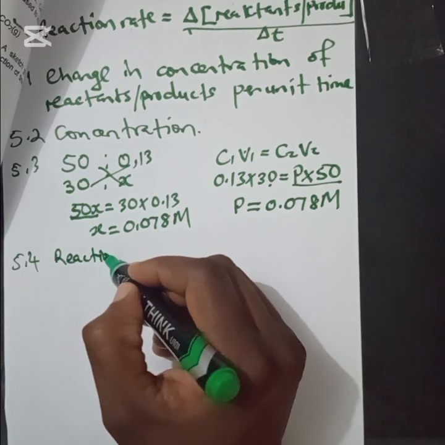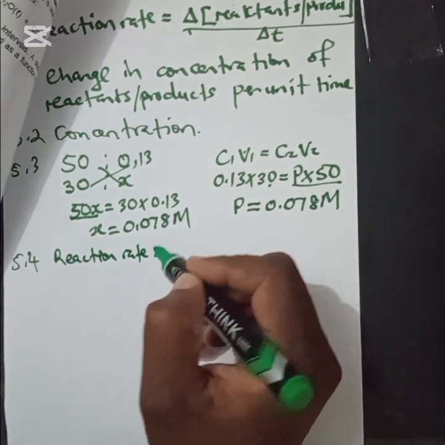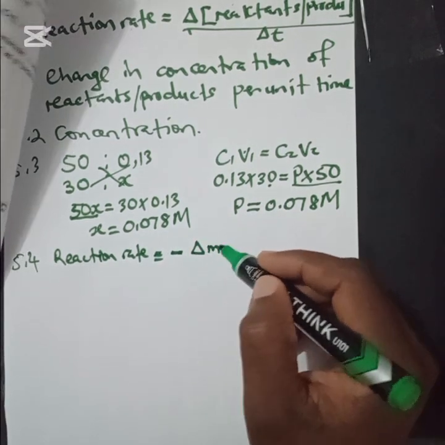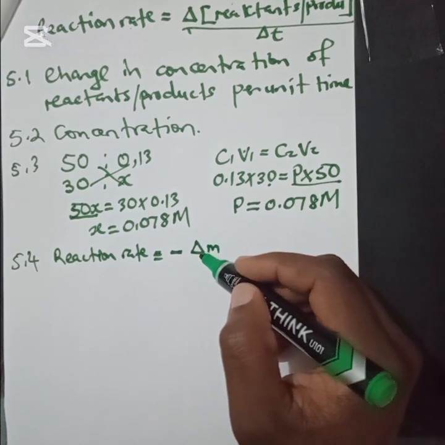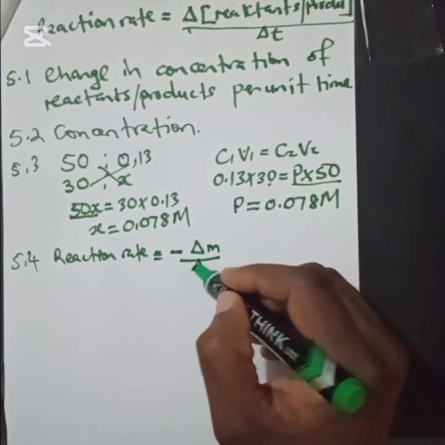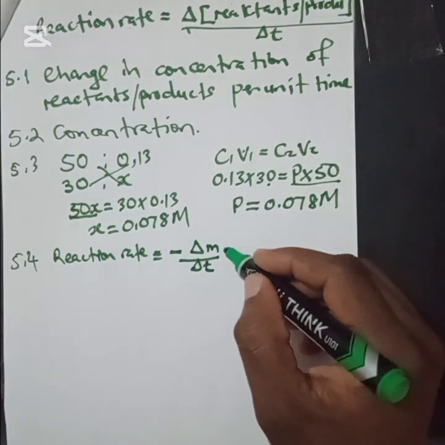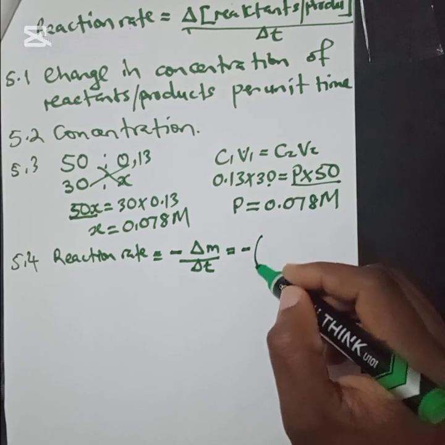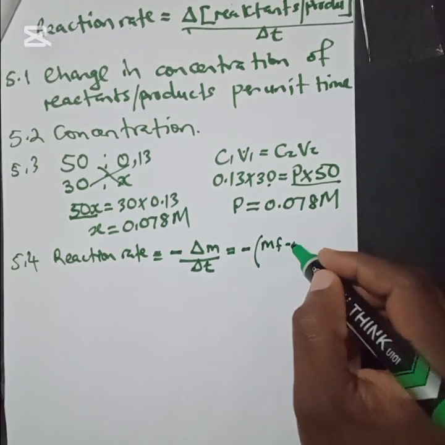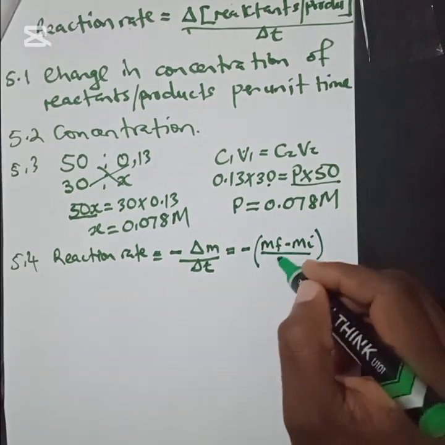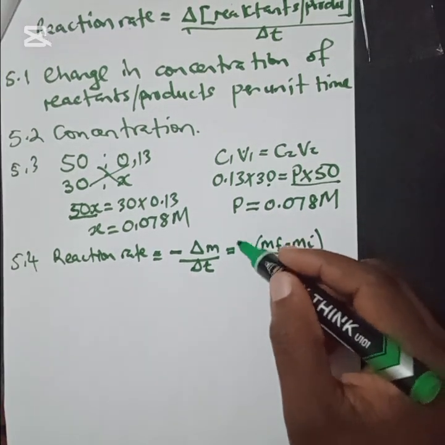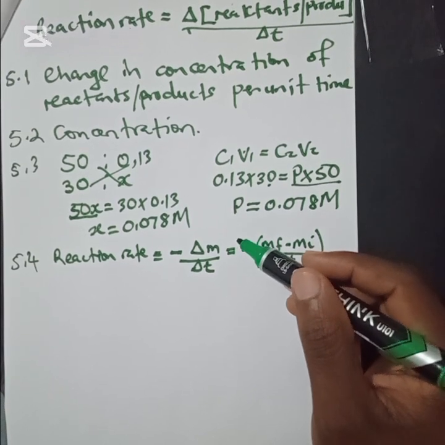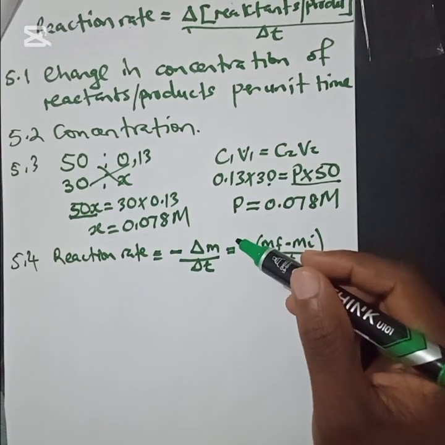Reaction rate is equal to minus change in mass, delta M, over change in time. This will be negative M final minus M initial over delta T. Here I've put negative because we are calculating the reaction rate with respect to sodium thiosulfate, which is a reactant.